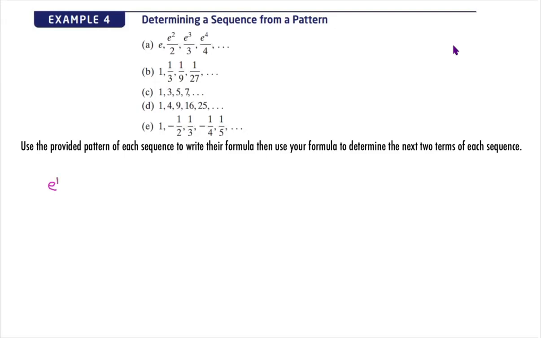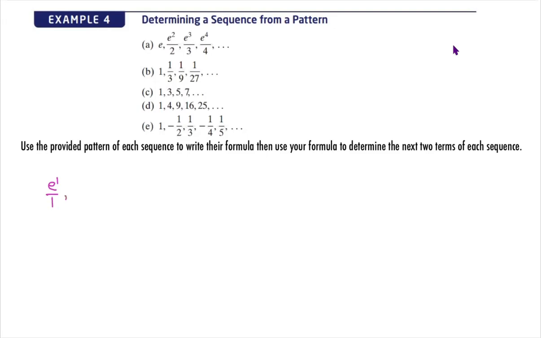So if we put 1 here over 1 to follow the pattern of the other ones, if we put a 1 as an exponent for e and 1 as the denominator, it's not changing the first term, but it makes it more obvious that if n equals 1, then you get e, right?